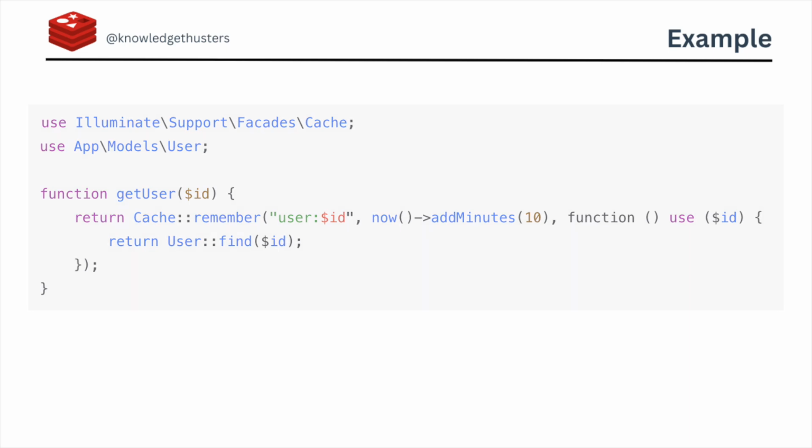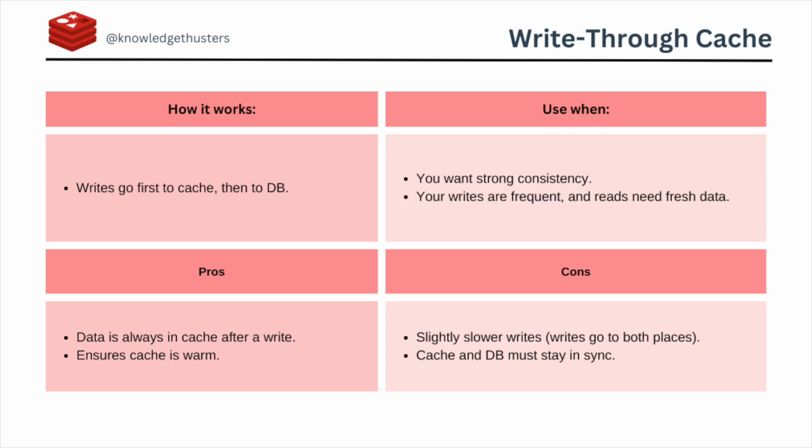Now let's move to the next strategy, that is write-through cache. This writes to both the cache and the DB at the same time. You can use this strategy when you want strong consistency between your DB and cache, and your writes are very frequent, meaning there are many update requests and you need fresh data.